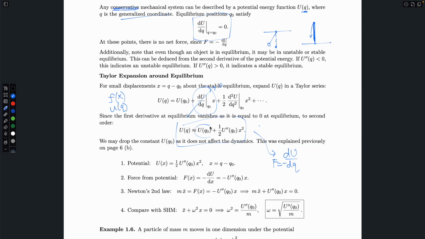When you perform the derivative on the constant, it just goes to zero. So it won't affect the way the system behaves. The constant in front is simply telling you what the initial condition is. Does that make sense? It won't affect the force acting on the object at all, because when you perform the derivative, it just goes to zero.